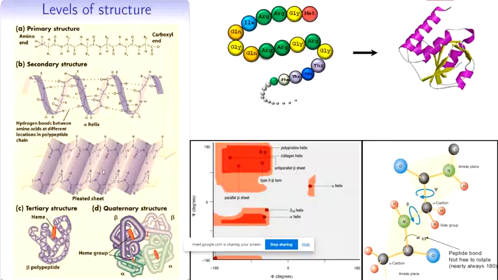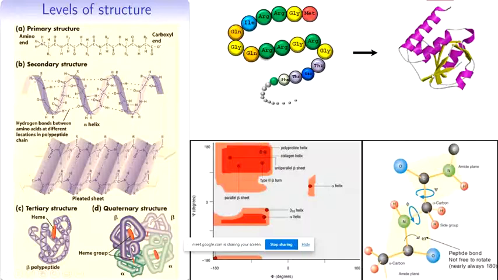But these are parts of the chain. The entire protein is not going to fold into an alpha helix, or entirely into a beta sheet. As you can see from here, this is a small fragment, a particular secondary structure of a small domain. This is another domain, this is a third, a fourth. This is the beta sheet domain.